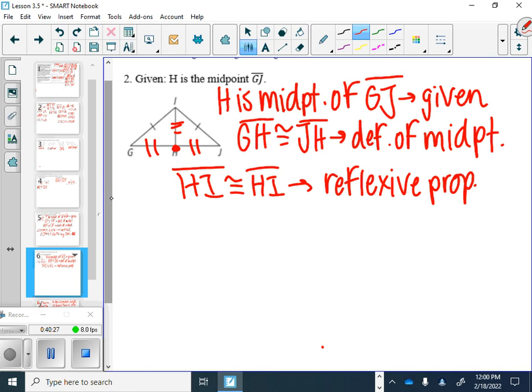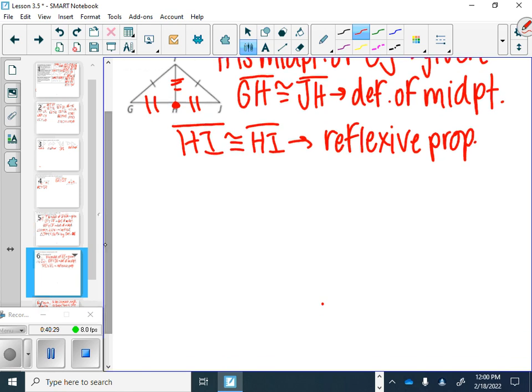I was given that those have tick marks. So IG and IJ are congruent because I was given that. Sometimes you notice stuff later, so if it's out of order, like our given for this one is down here, that's okay, just as long as you have it somewhere.